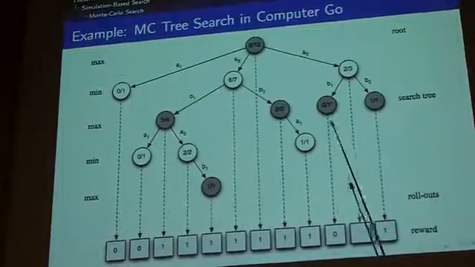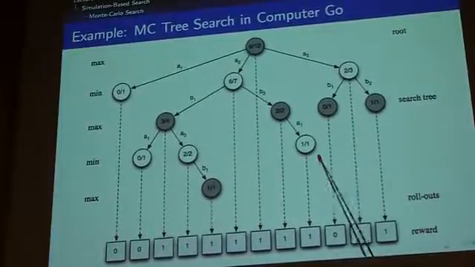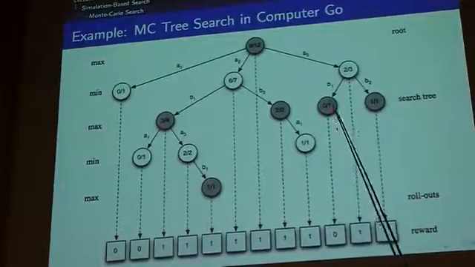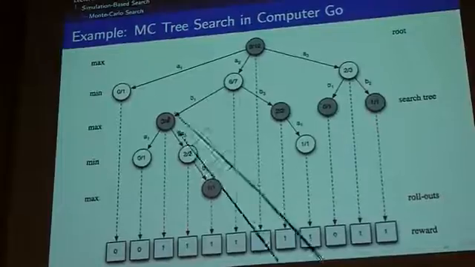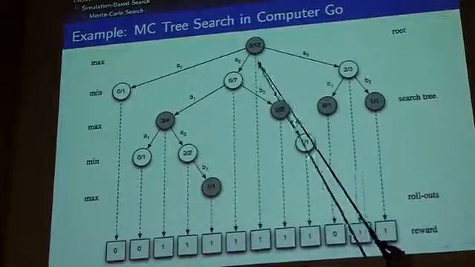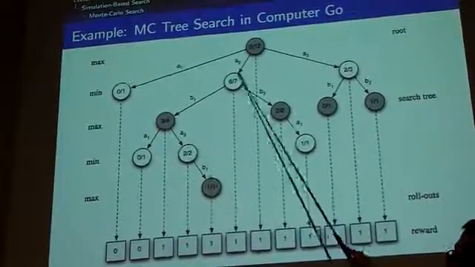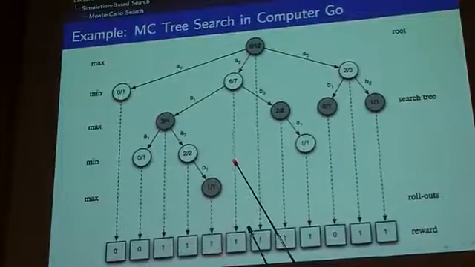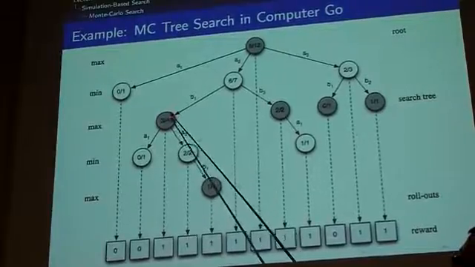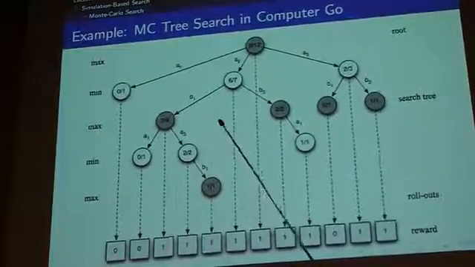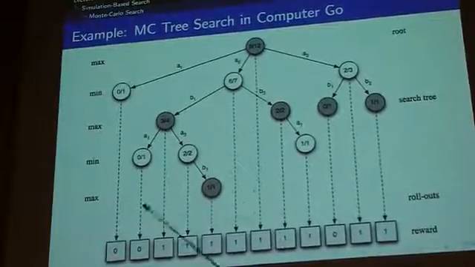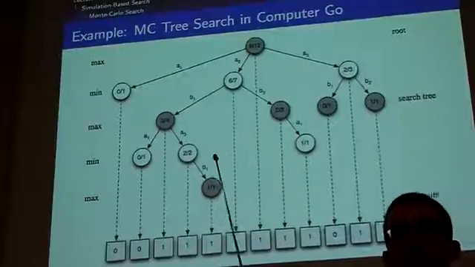Whereas if you're using function approximation, you can say, well, let me just have a feature that says I'm either in this node or this node here, so these two nodes would share some feature. And then every time you have a simulation that passes through either of these, you would learn about the value of that feature. So you'd be learning about this one and this one. And so you'd only need to build up one search tree to learn about both of those things. That's the idea of using function approximation to help.